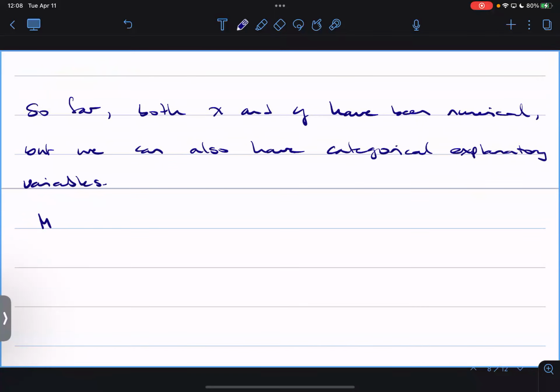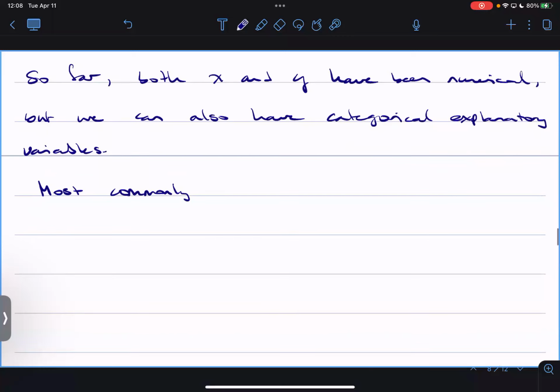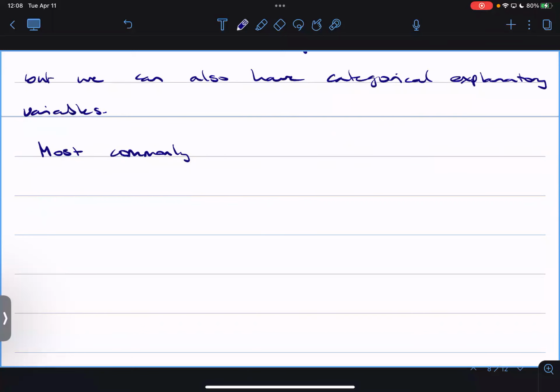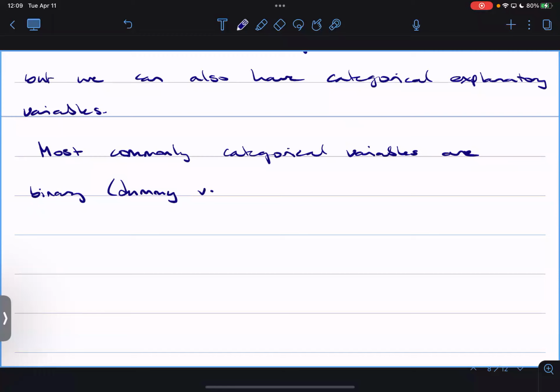Okay, so most commonly, categorical variables are given as binary variables. So binary meaning 0, 1. Most commonly, categorical variables are binary. In stats, we call them dummy variables, right? 0, 1.